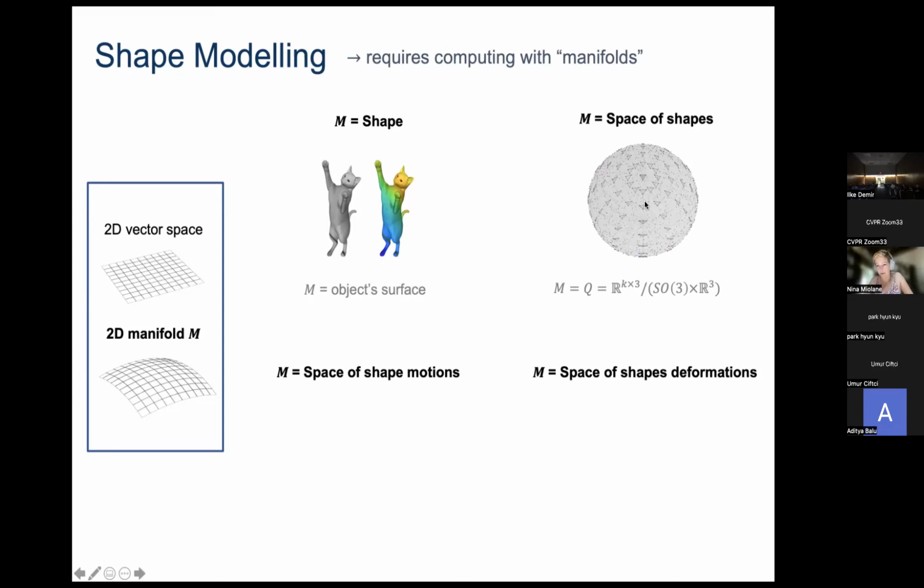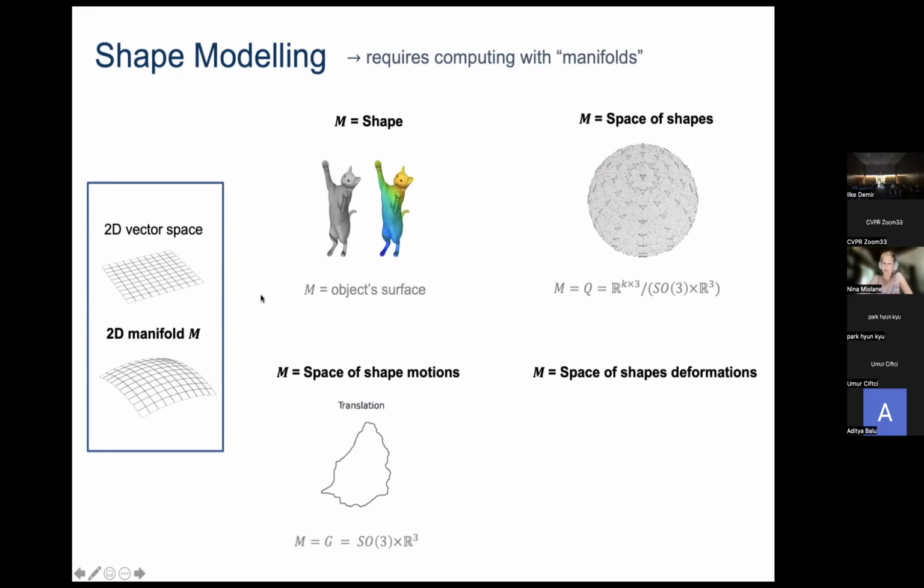Maybe you can see that I have superimposed a little triangle on this sphere. This sphere actually represents the space of all the triangular shapes, so all the possible shapes. Now, this illustration is the shape space of triangles, but more generally, the shape space of surfaces is also a manifold.